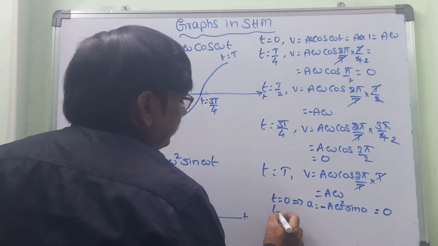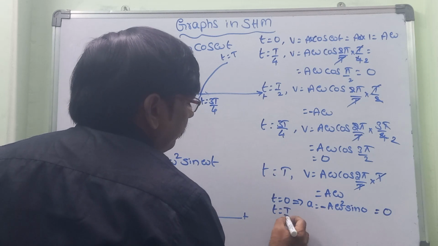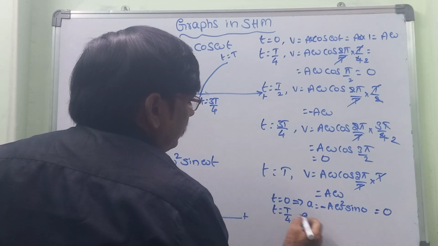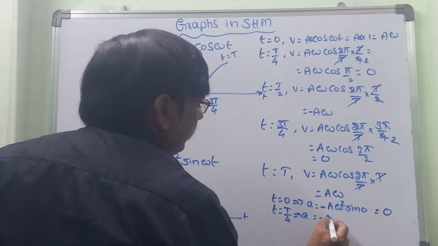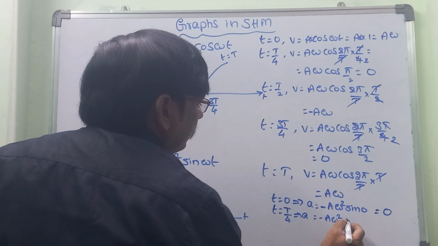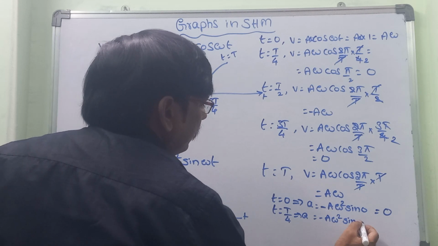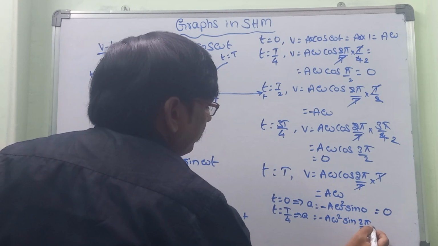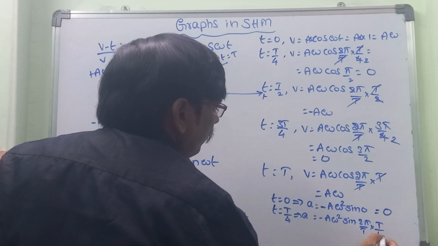Next, let us take t is equal to T by 4. Then a is equal to minus a omega square sin of 2 pi by T into T by 4.